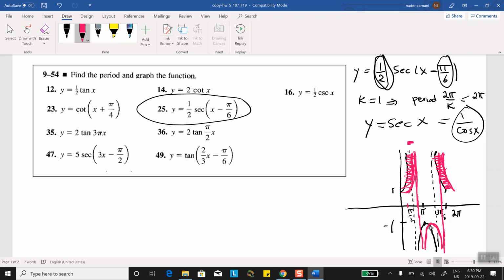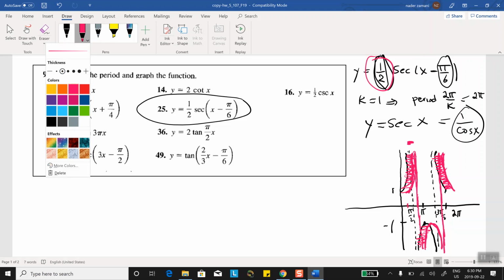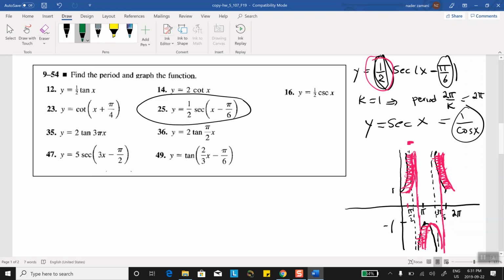Now, the only thing is that we have a factor of 1/2, so the red curve is reduced by a factor of 1/2. The height that was 1 here is going to start at 1/2, and it's going to go up. I'm going to try to squeeze it there.